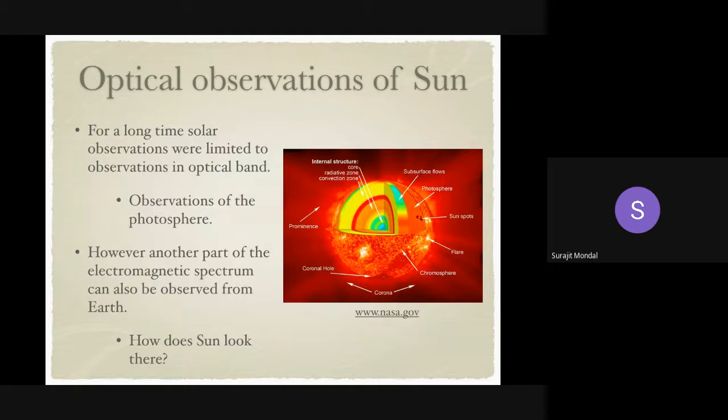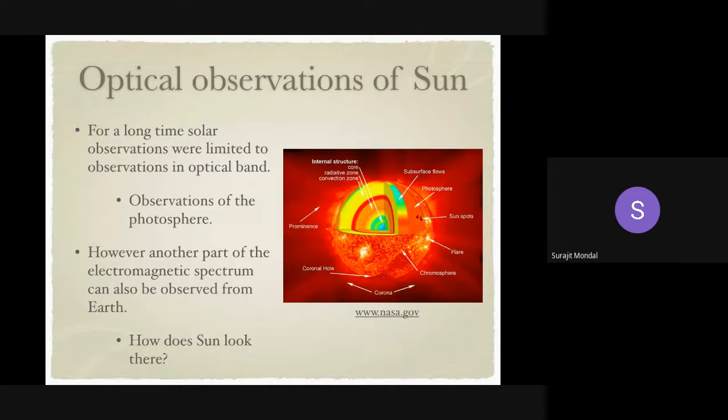I will show one of them today in my talk. However, eclipses are very rare, so the corona cannot be observed in a routine manner if we rely solely on eclipses.